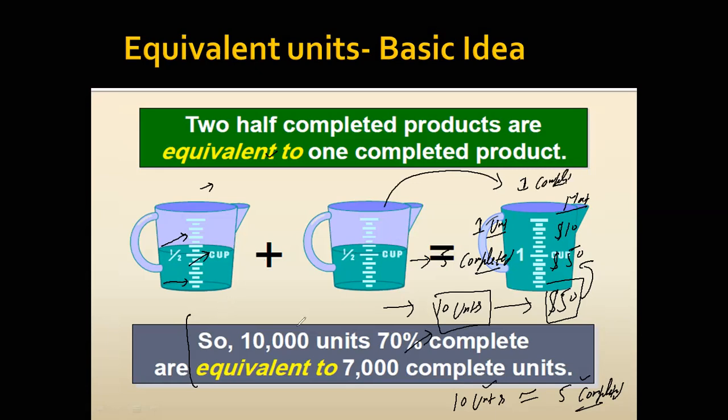In the same way, if 10,000 units are 70% completed with respect to material, I can say that these 10,000 units are equivalent to 7,000 completed units. So this is the story, students.